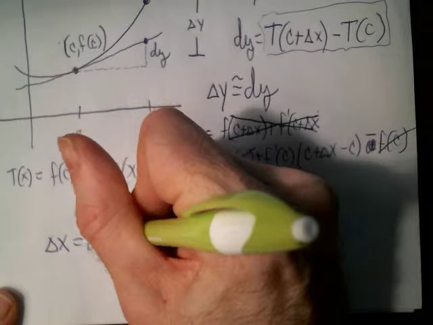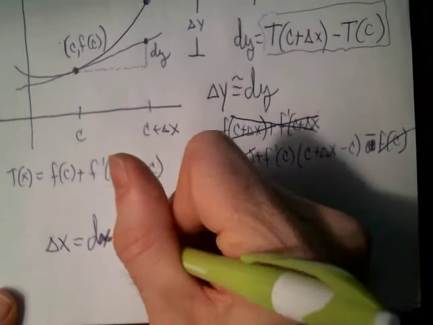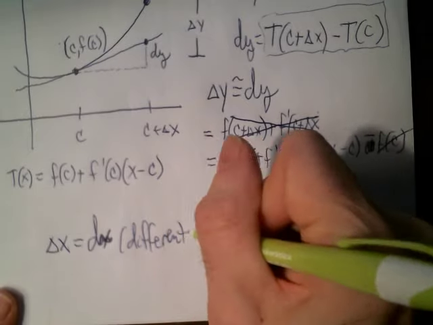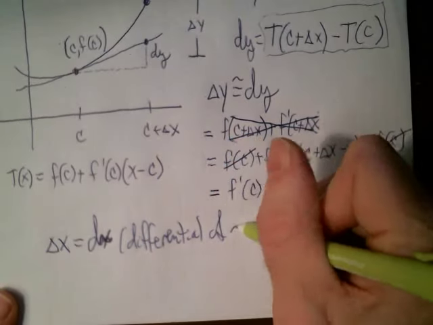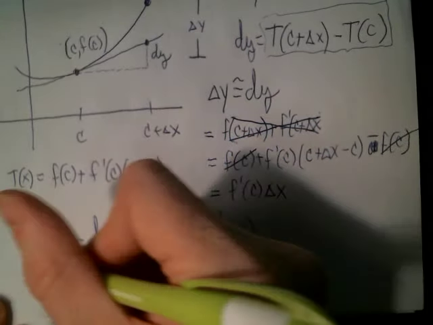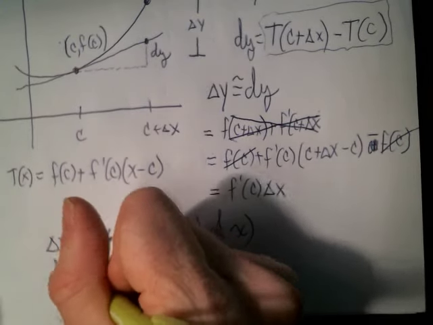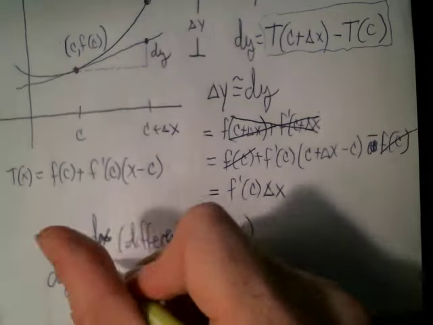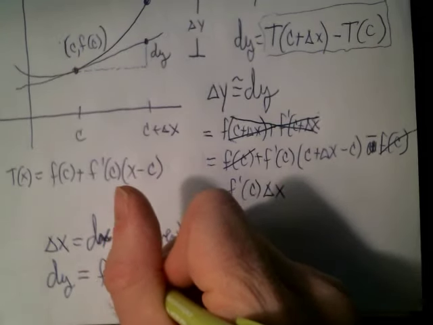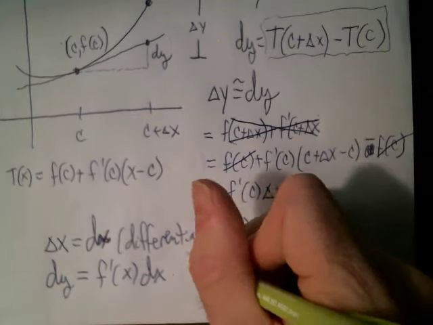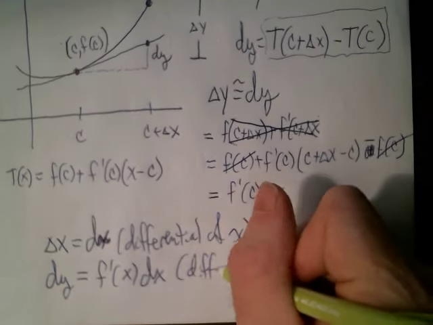The differential of x, change in x, is dx. And then dy, or change in y, sorry, is going to be f prime of x dx. And this is the differential of y.